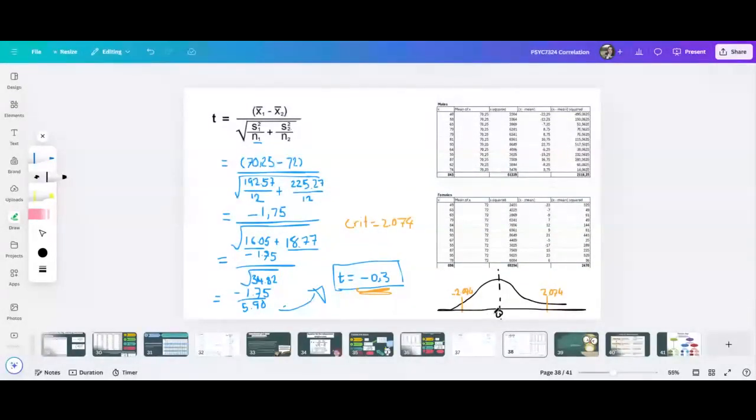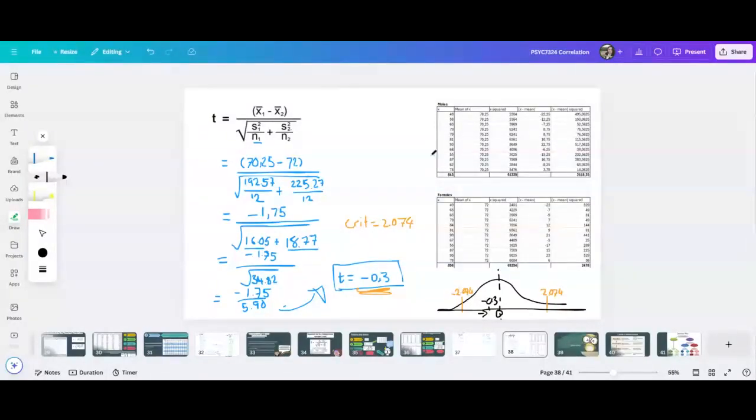Yeah, so technically it's a larger number, but I do know what you mean. It is on this side of the critical value, so it would be over here somewhere. Okay, so following that logic, yes, we would accept the null hypothesis again, that there is no significant difference.